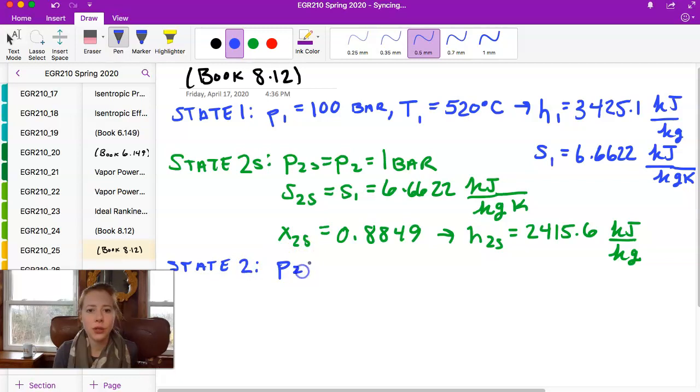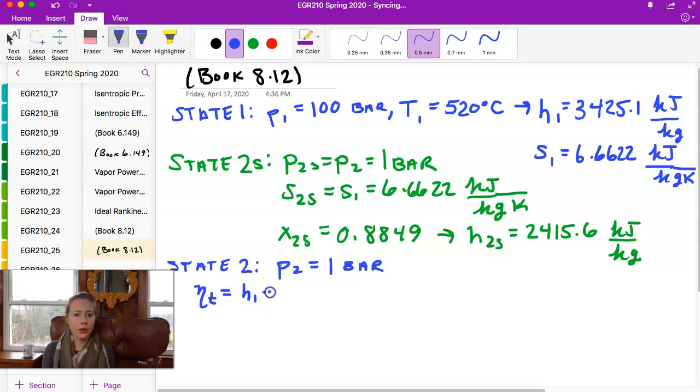Once again, P2 is 1 bar. And now here's something new for you. For process 1 to 2, we're going through the turbine, and in this problem, we're given the isentropic efficiency of the turbine. So we know that eta T is equal to H1 minus H2 divided by H1 minus H2s. Now we can solve for H2.